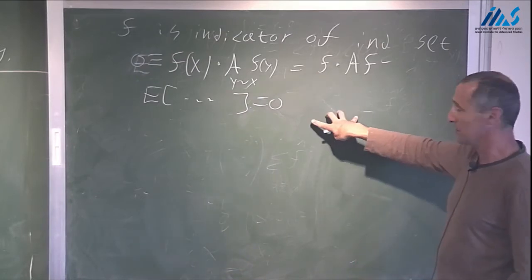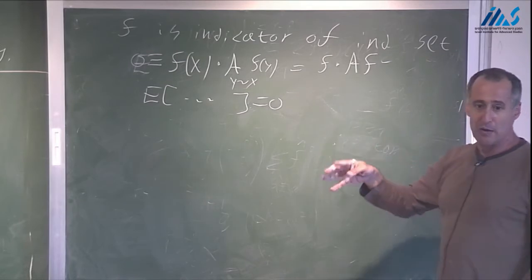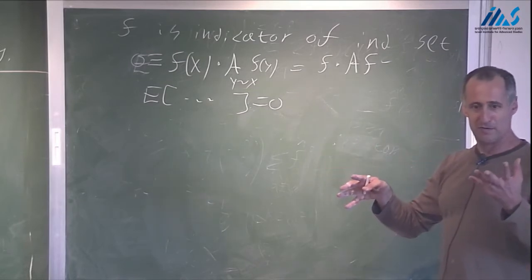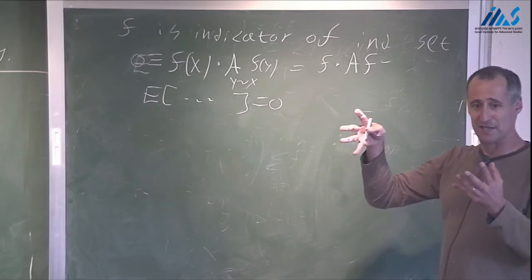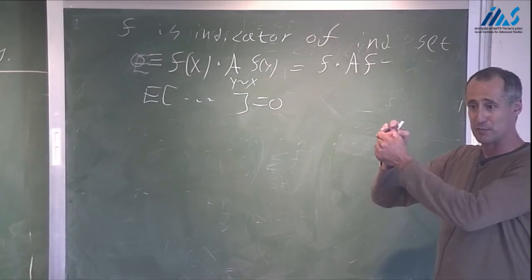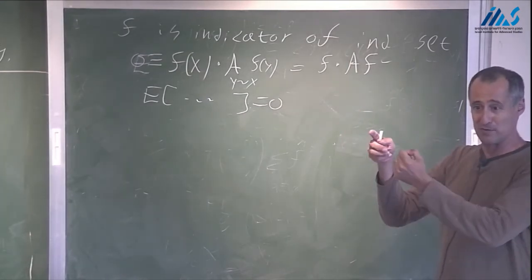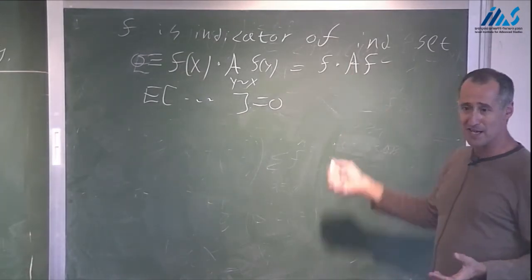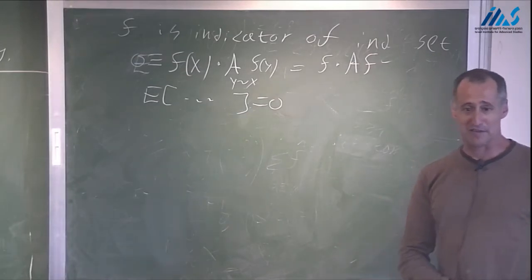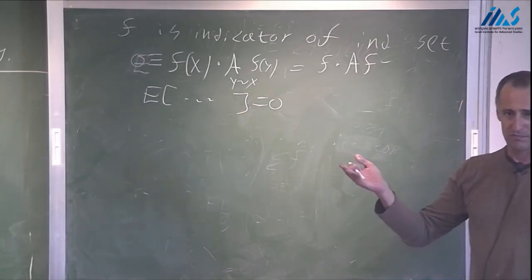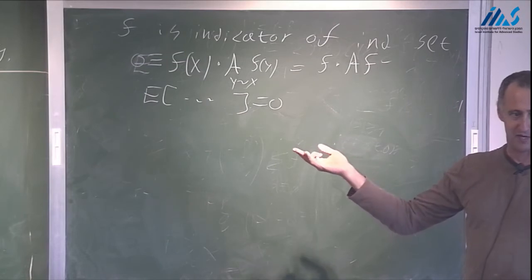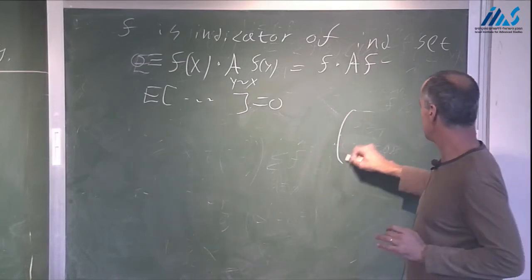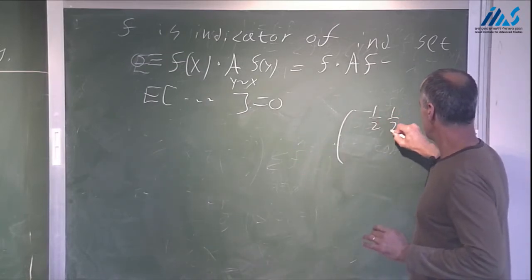F is a function on the vertices. I want a linear transformation that takes a function and replaces its value at each point with the average on the neighbors. Let's call that matrix A. A is just the adjacency matrix of the graph divided by the degree.